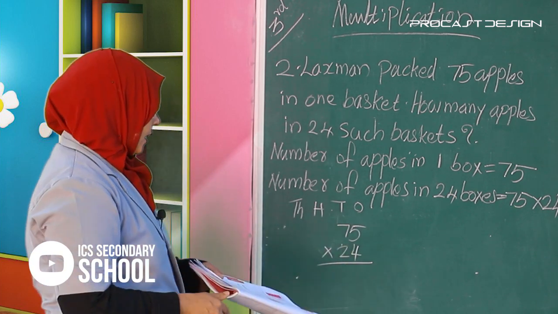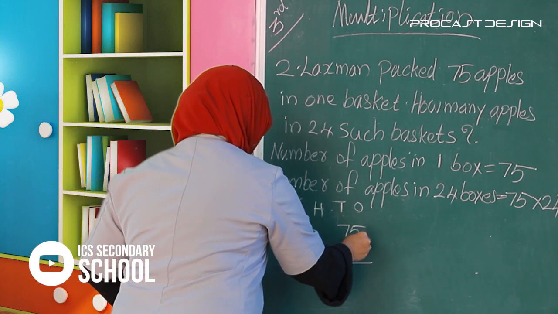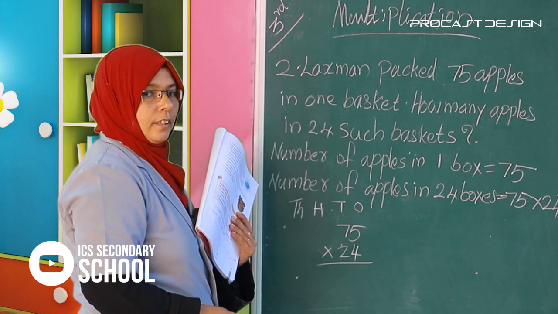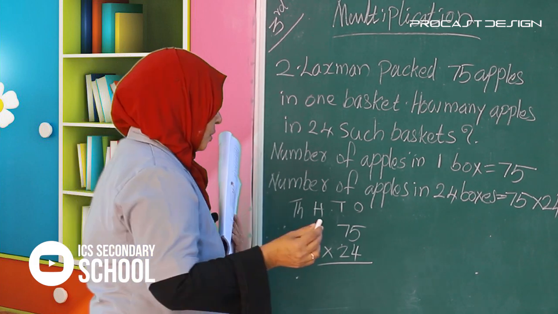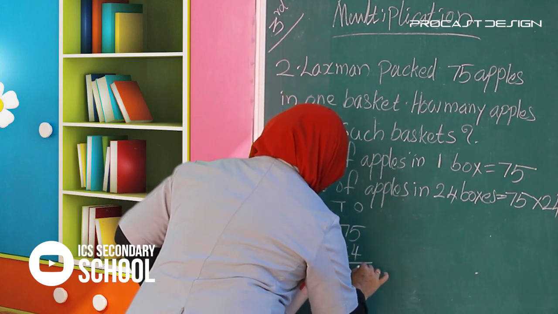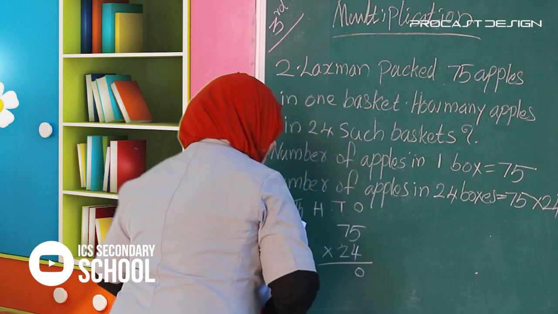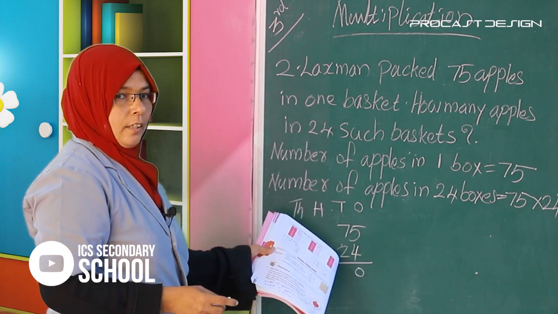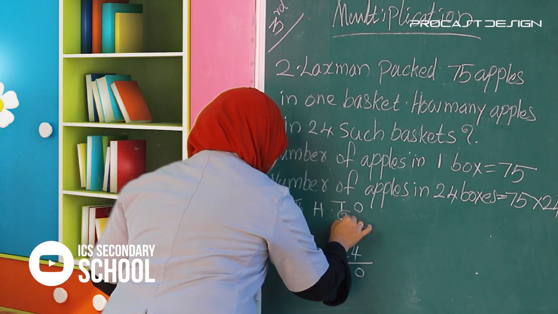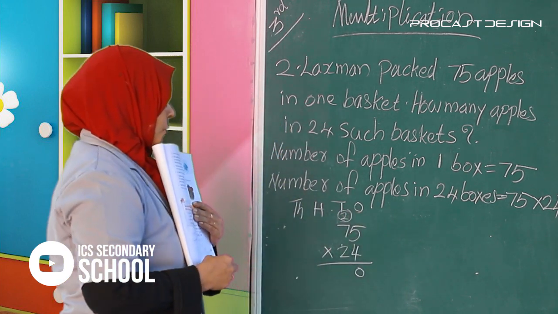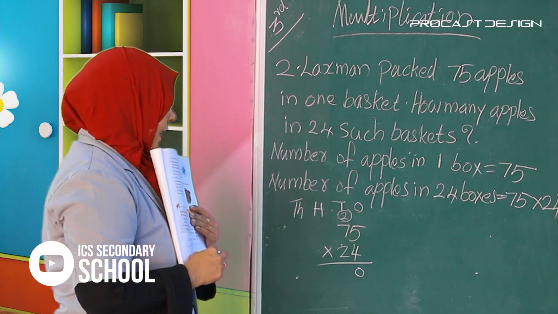Listen carefully. 4 into 5, 20. Write 0 in ones place. Carry 2 in tens place.